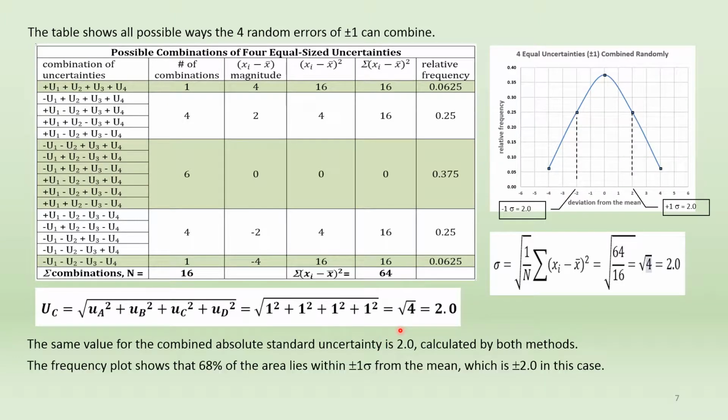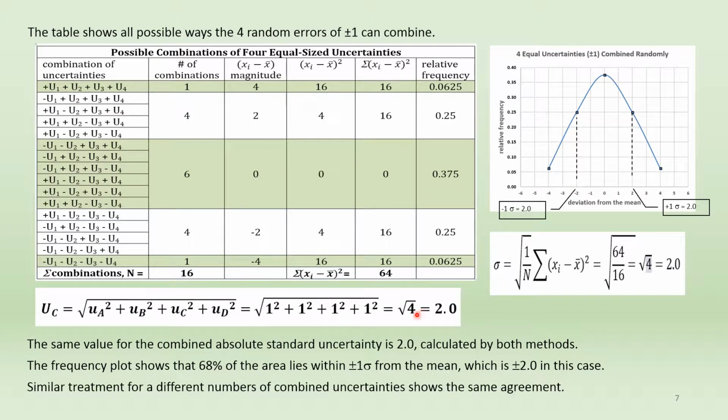Now I've plotted here again the relative frequency versus the deviation from the mean, and you'll notice that I have dotted lines at plus or minus 1 standard deviation, which is plus or minus 2.0, and this area should contain 68% of the area under the curve. So we've calculated the standard uncertainty just like the standard deviation.